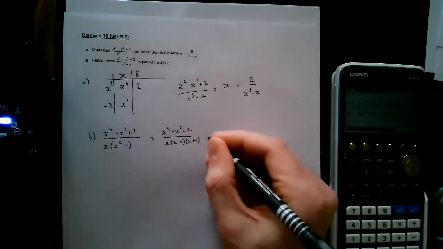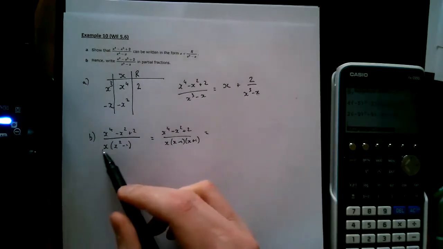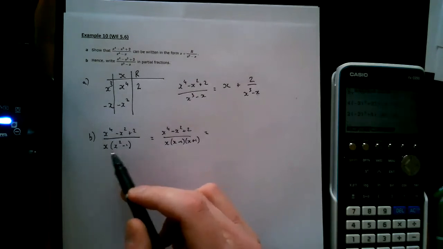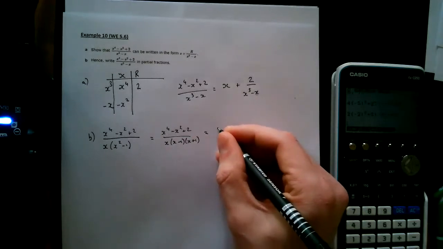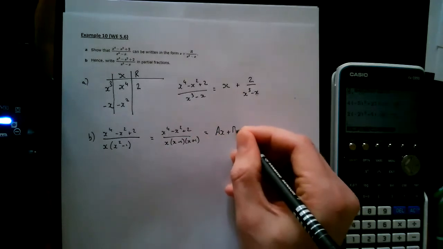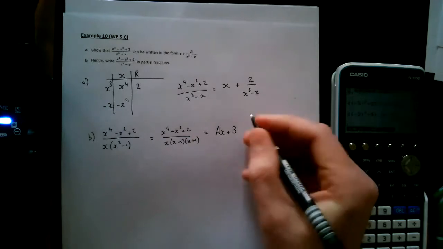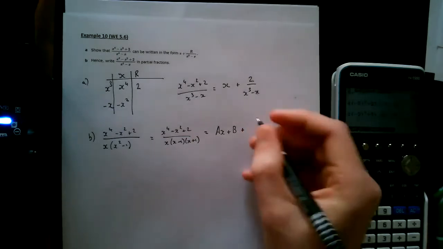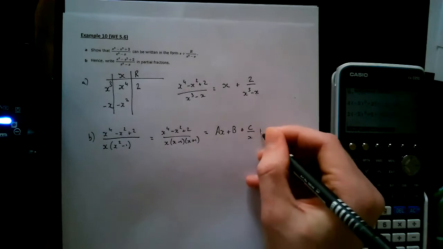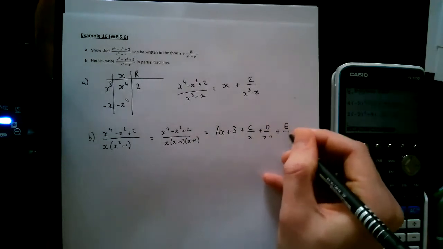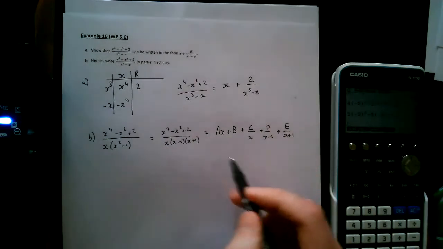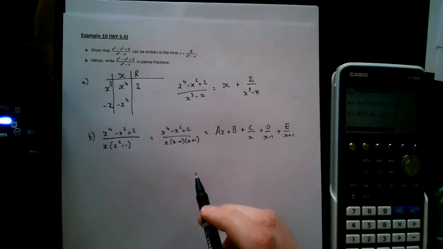If x to the 4 is on the top, x cubed would be on the bottom, so my quotient would be degree 1, something like ax plus b. And then my remainder bit could be split into partial fractions, something like c over x, d over x minus 1, plus e over x plus 1.